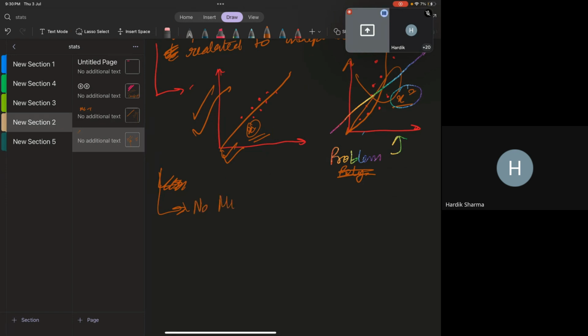What does multicollinearity bring, guys? What is collinearity? What is correlation? Measure of association between two variables. So if x1 and x2 are highly correlated, what does that mean?